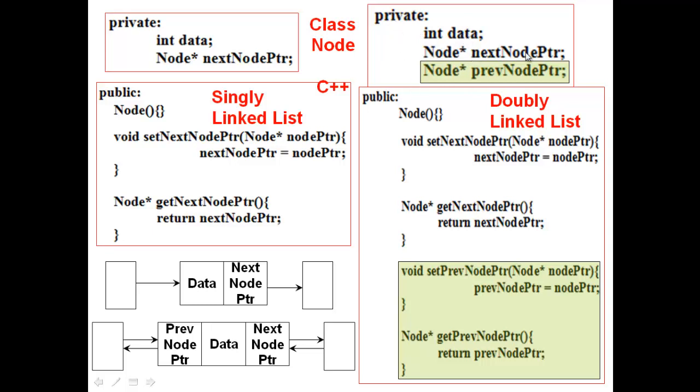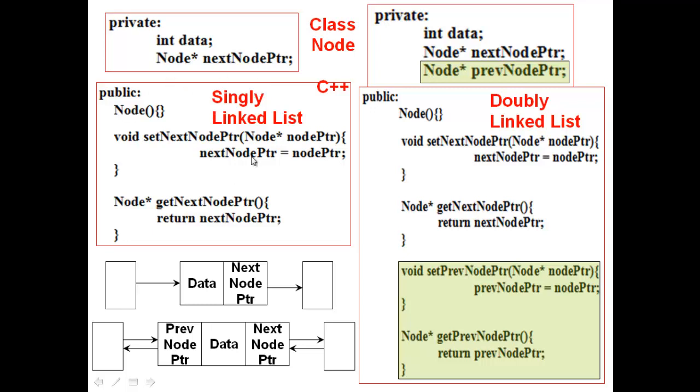The data and the next node pointer are similar to the single linked list. I have circled in a square the things that are in addition: a previous node pointer that also stores an address of a node, so it's a node star.